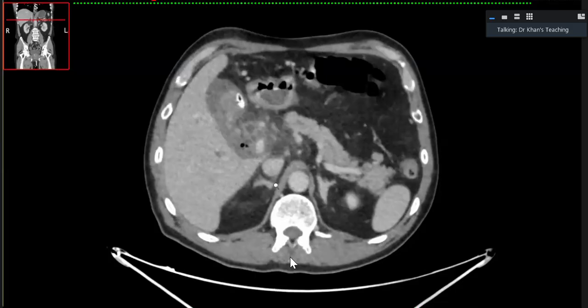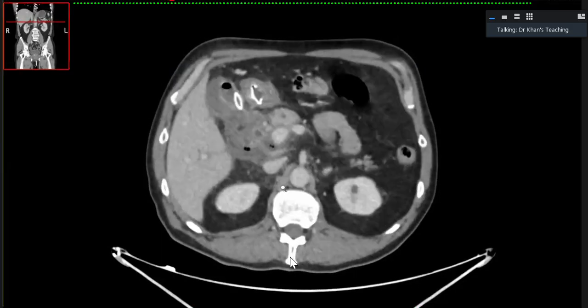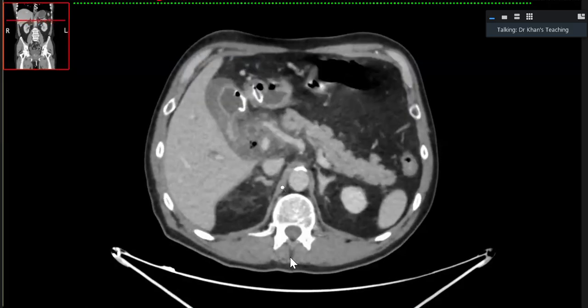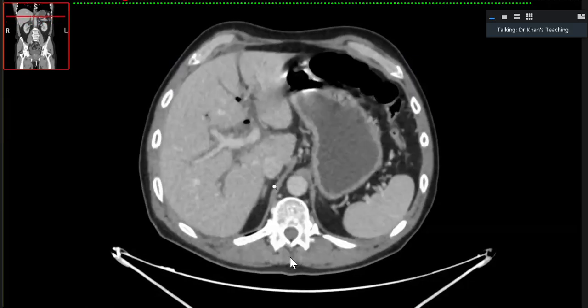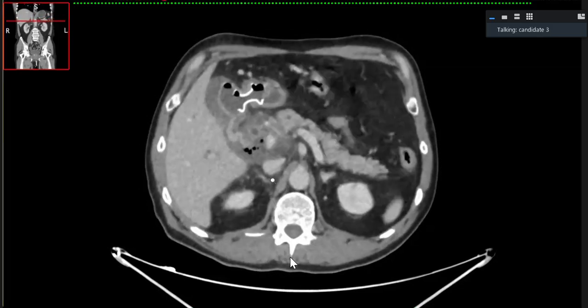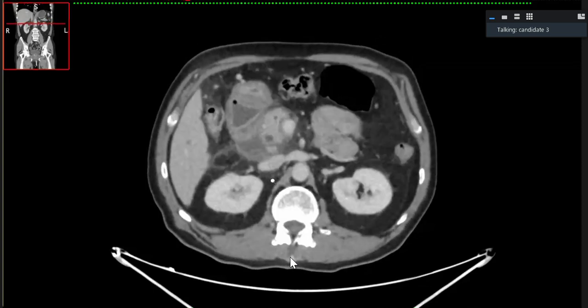Okay, give me your conclusion and also tell me what has been attempted and why has it been attempted, and what are the complications of whatever has been attempted, which you can see on this scan. Okay, one possibility is that they might have tried to drain the biliary system.